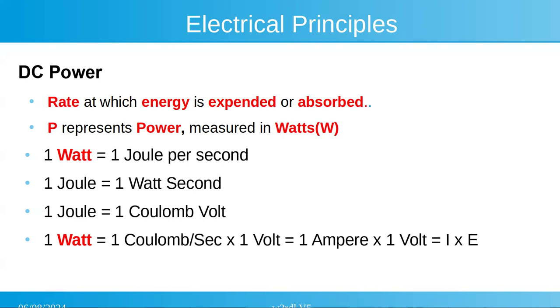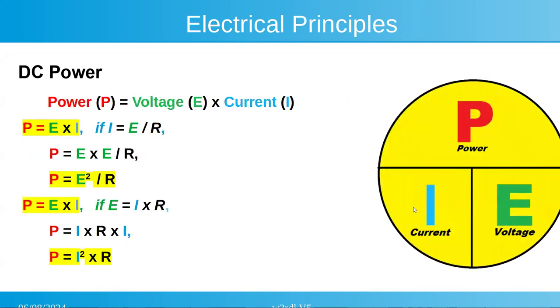So we know that 1 watt is 1 coulomb per second times a volt, which means it's 1 ampere times a volt. And that's where you get the formula that power in watts is equal to current, or coulombs per second, times voltage. So we have a nice little pie chart, and this one actually spells PIE.